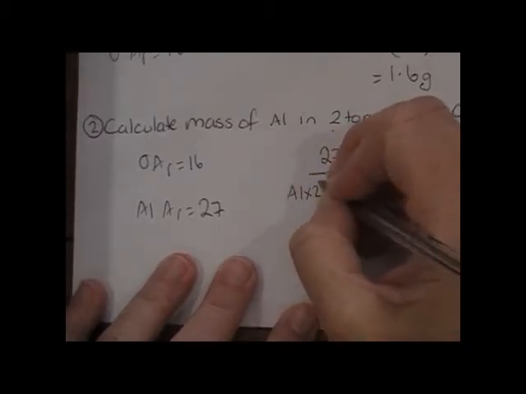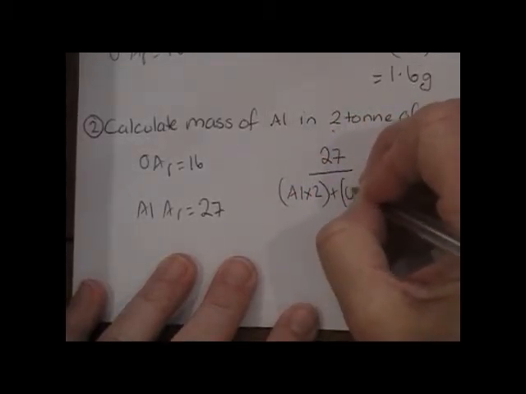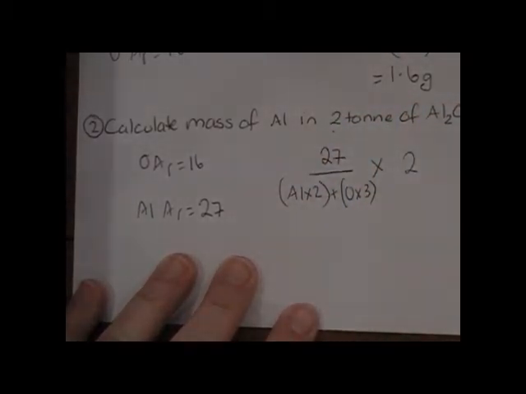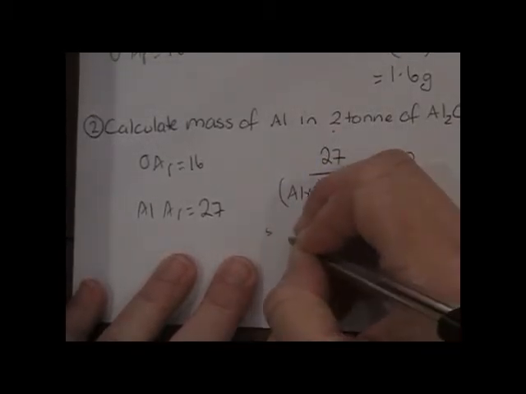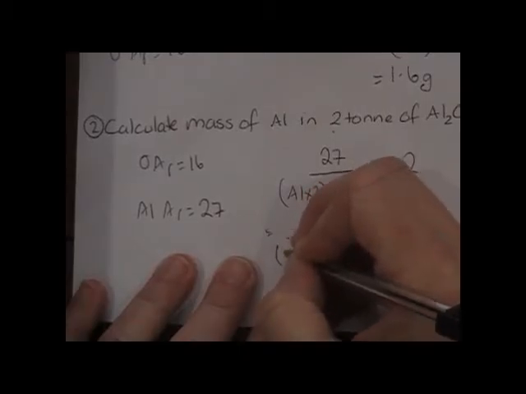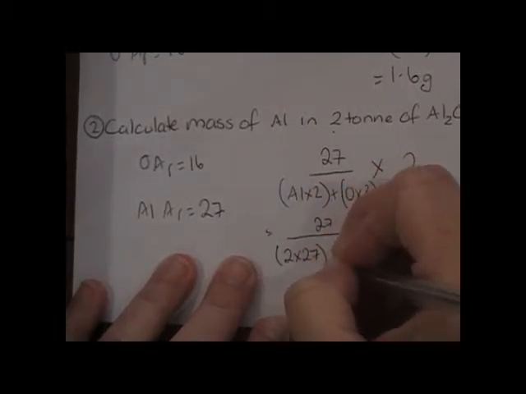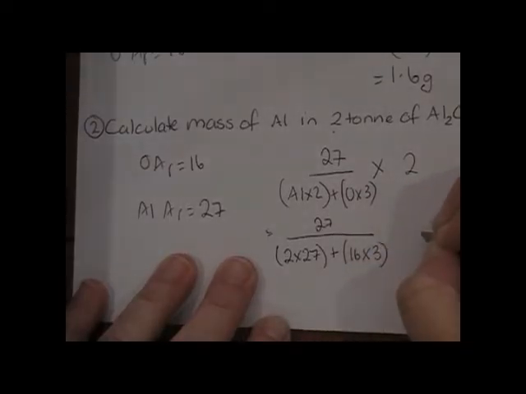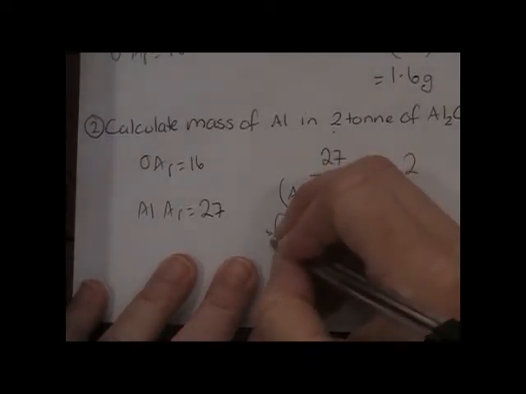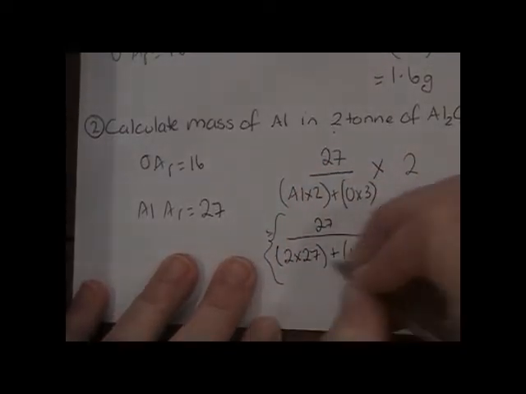There are 2 aluminiums and there are 3 oxygens. So if we were to write that out with the actual numbers, that would be equal to 27 over 2 lots of 27 plus 3 lots of 16. Altogether, you need to multiply that by 2.